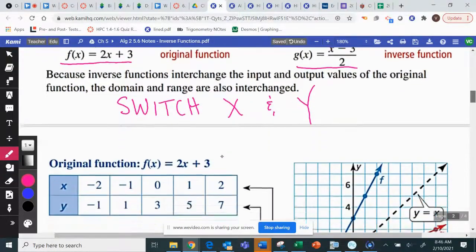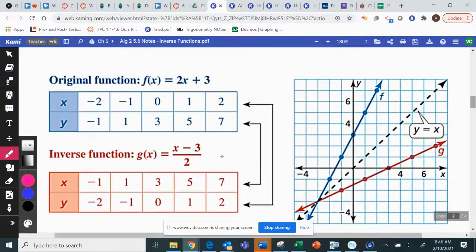So here is in blue, the original function we were just talking about, 2x plus 3. Here's a table of values and a blue graph of 2x plus 3, of all the values for 2x plus 3. And then in red, we made an inverse function where we do the opposite operations in the reverse order.